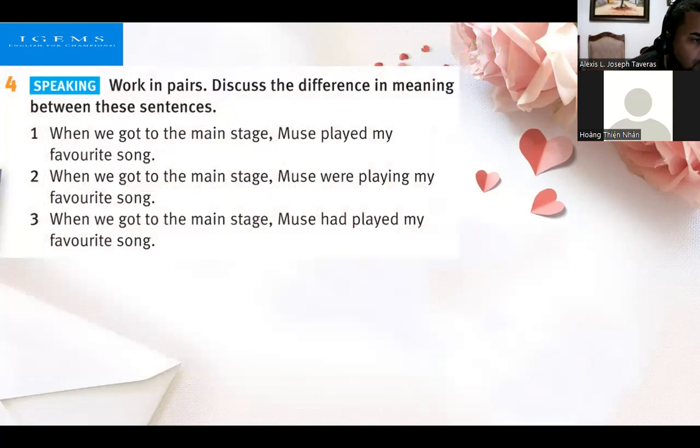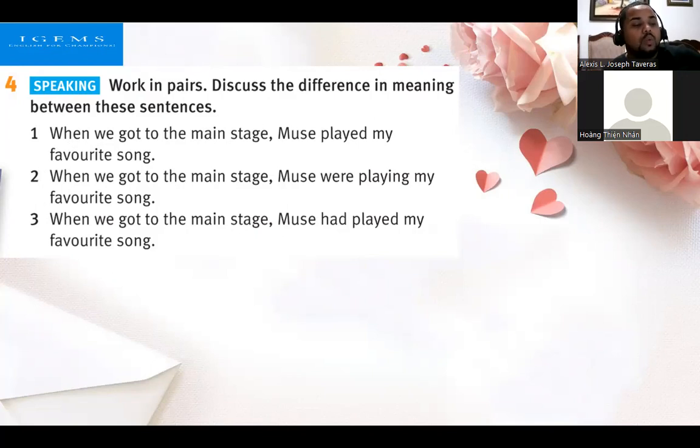So look at this. We need to discuss the difference in meaning between these sentences. As you can see here, we have different tenses of the past, and you will tell me the difference in meaning of these three sentences.